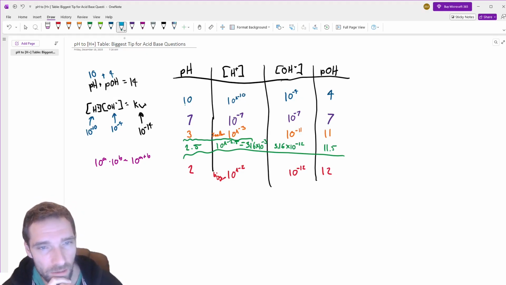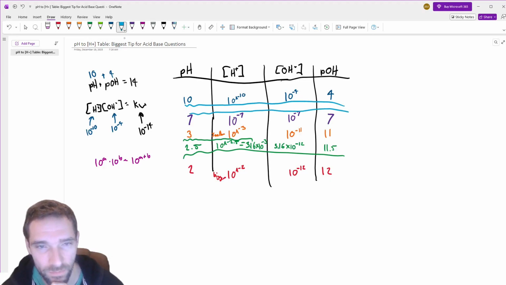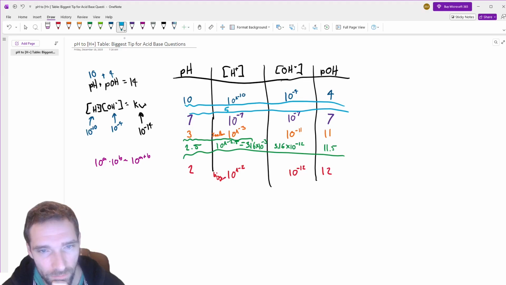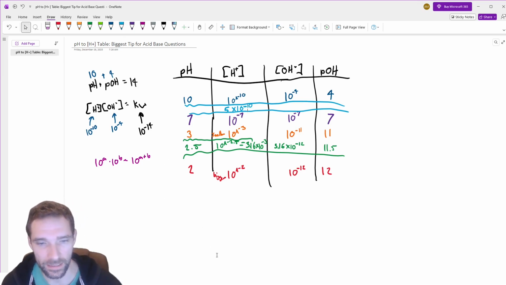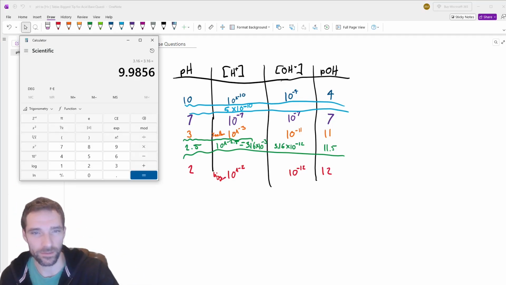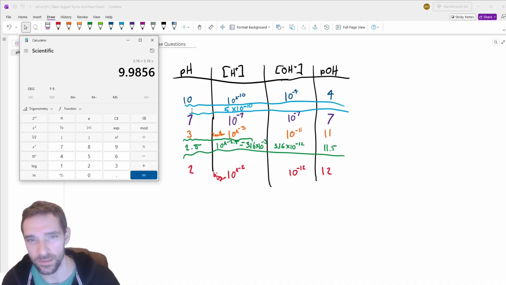I am going to highlight a different example where it's not 0.5, so you can see how this works. Let's go with 5 times 10 to the negative 10 power there. Let's see what that is as a pH value. Because this isn't a linear relationship, 5 is not exactly halfway between the two in terms of the exponents you'd be looking at.